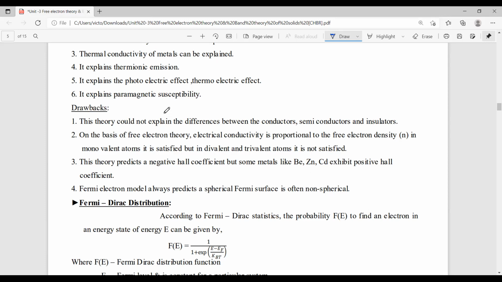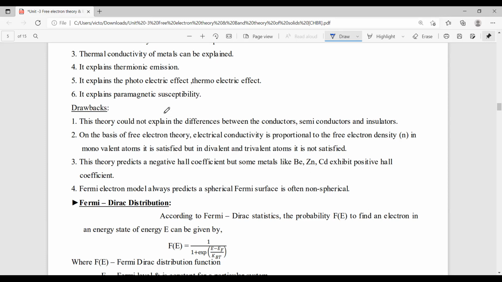Monovalent atoms means having one valence electron, that means the outermost orbit has one valence electron. So according to this theory, the explanation of electrical conductivity is only satisfied for monovalent atoms, but it is not satisfied in the case of divalent and trivalent.